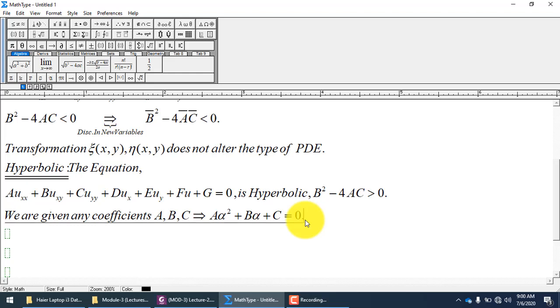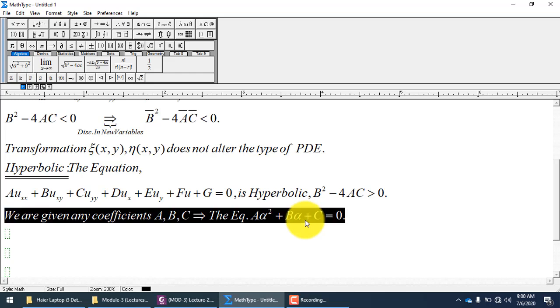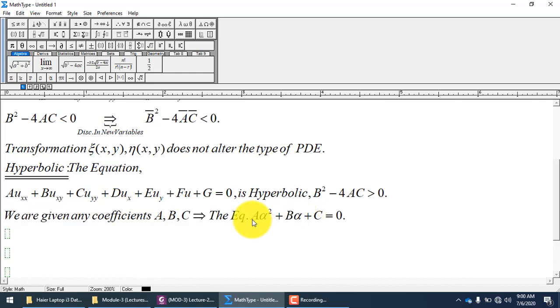So if you know that your ABC has that relation, what can you say? Given any coefficients ABC, this equation has two distinct roots.